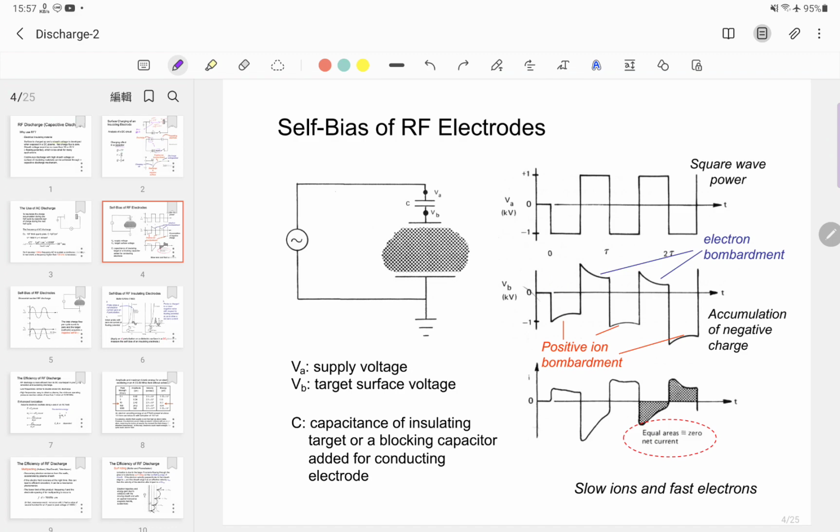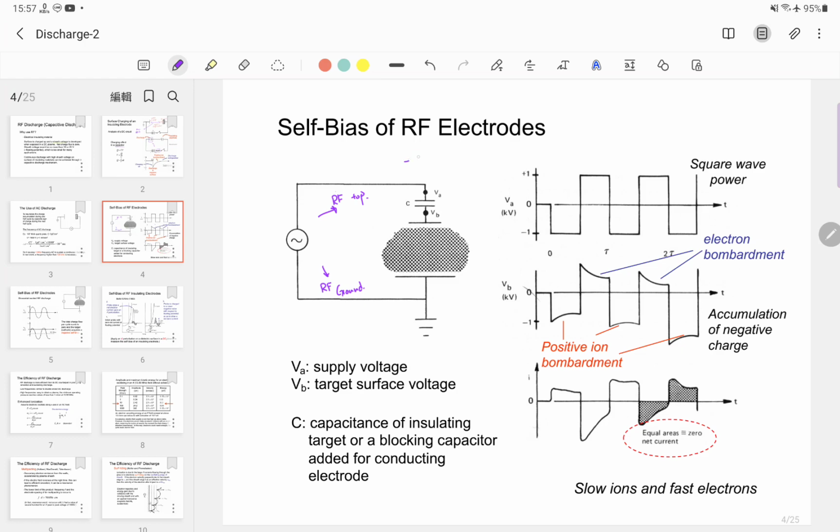Once the plasma is generated in this area, the plasma is part of the circuit. The circuit forms a closed loop.